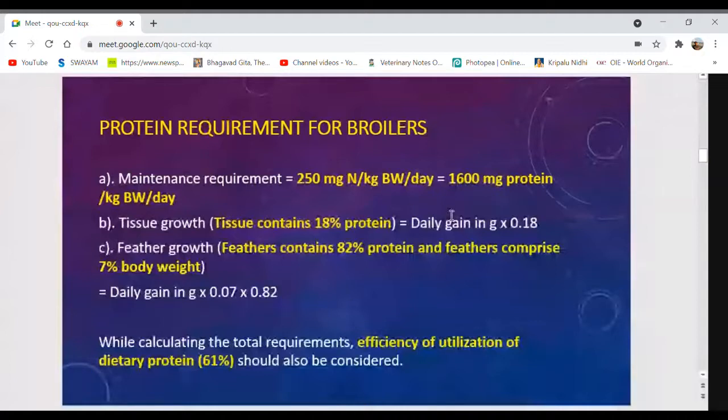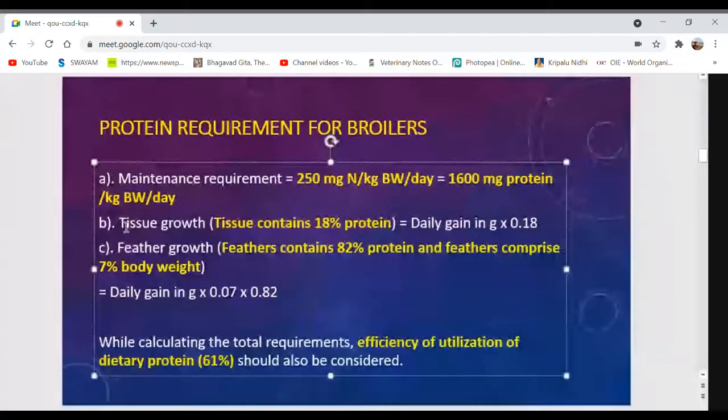So this means the proportion of feather content in the body of the broiler is 7%. So these two will be there. And after that, maintenance requirement, growth requirement, and requirement for feather growth. These three requirements we have to consider for the broilers.